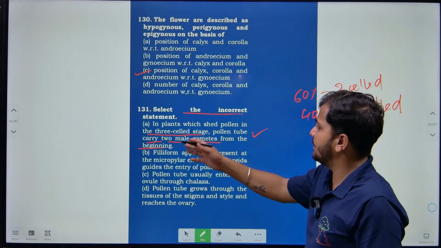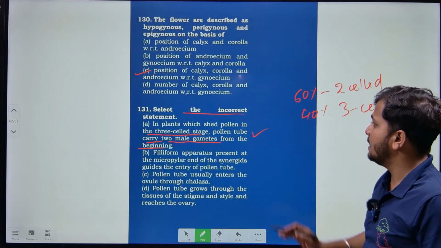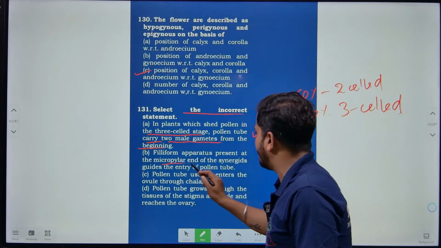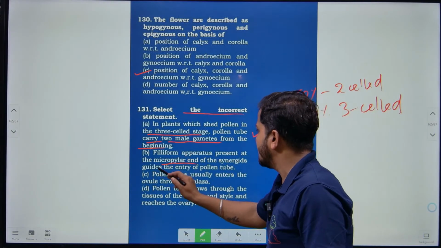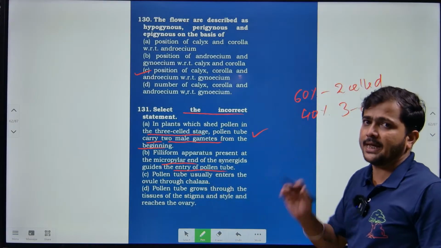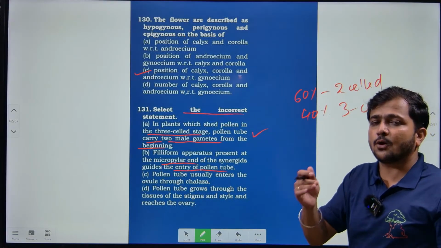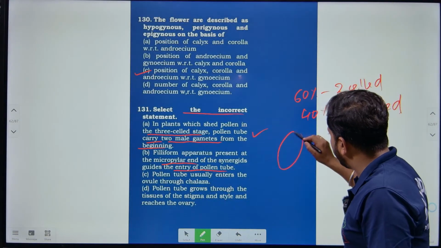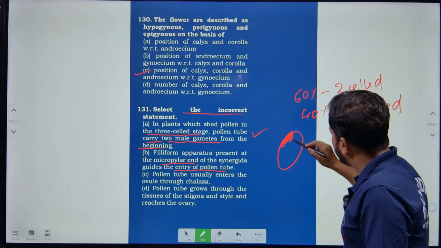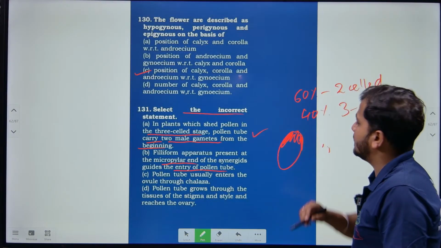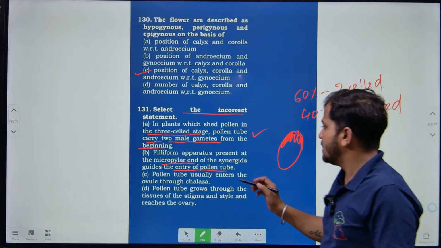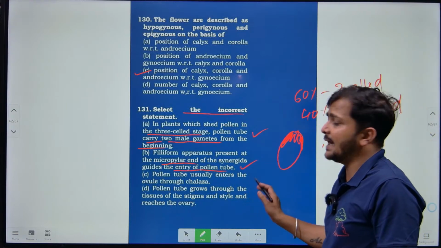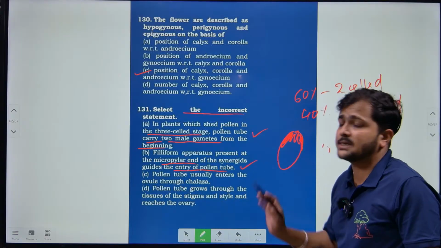So this statement is actually correct, right? Then the filiform apparatus present at the micropylar end of the synergids guides the entry of pollen tube. Yes, the filiform apparatus you find with respect to the synergids, with a thickness nearer to the micropylar end. So this option is also correct. Then pollen tube usually enters the ovule through the chalaza.